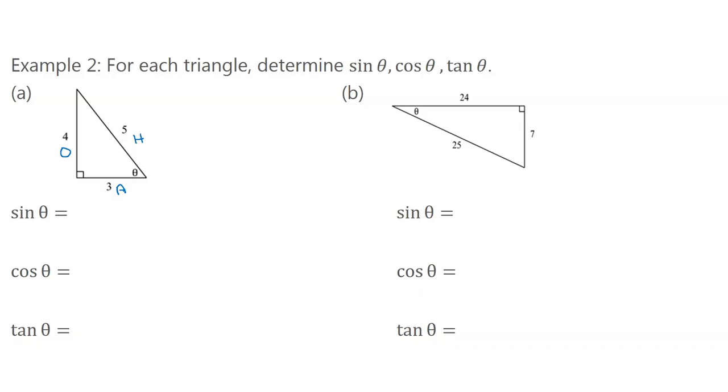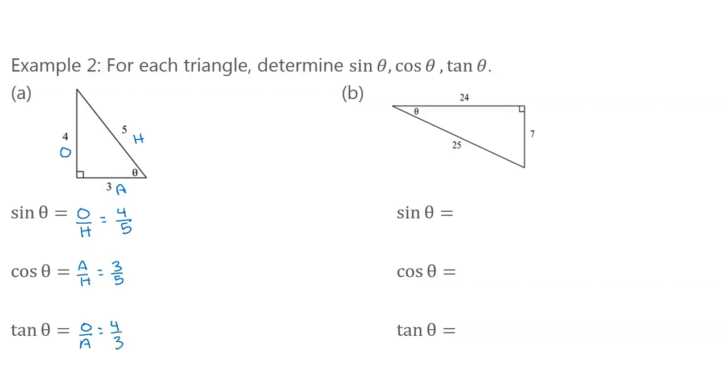Now remembering our SOHCAHTOA from the previous slide, I know that sine is opposite over hypotenuse. So filling in the numbers, I get 4 over 5. Cos is adjacent over hypotenuse, so that is 3 over 5. And tan is opposite over adjacent, so that is 4 over 3.